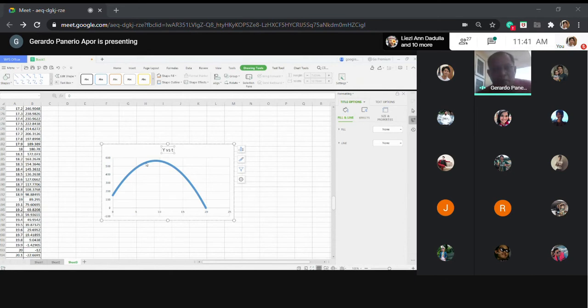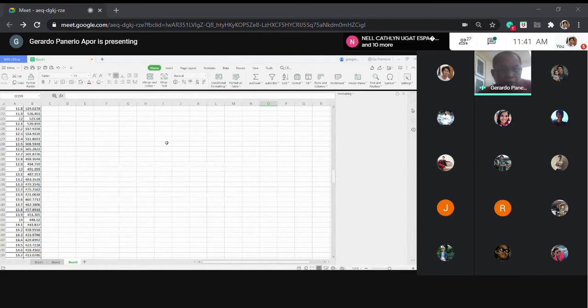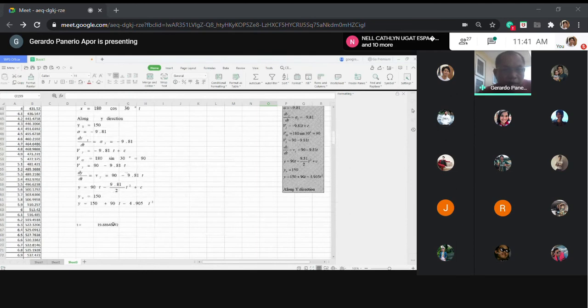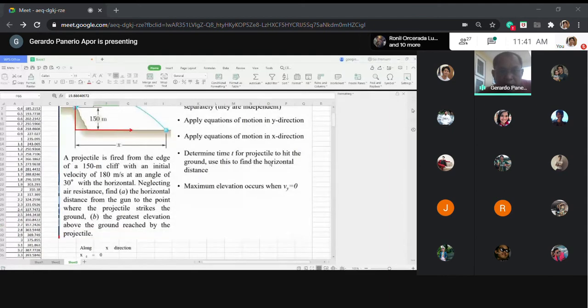So, at almost 20 seconds, it is already at 0. So, this is the y versus t. The actual value is 19.886 seconds. So, that answers the time for the projectile to hit the ground.